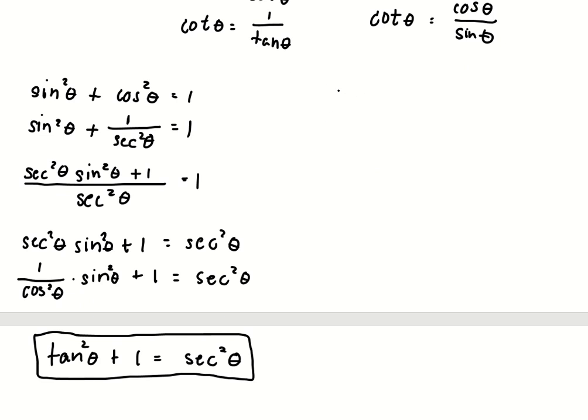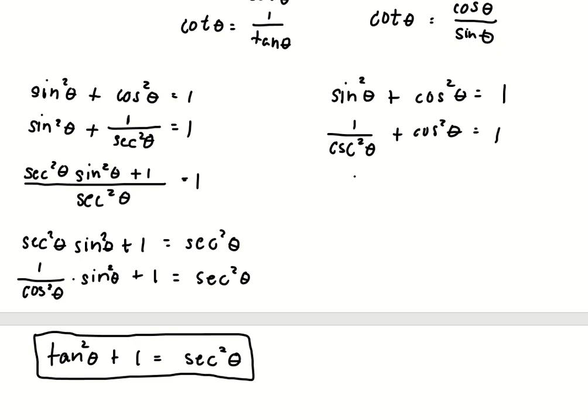So again, based on sine theta squared plus cosine theta squared equals 1, this time we're going to get the reciprocal of sine squared theta, and that is 1 over cosecant squared theta plus cosine squared theta equals 1.